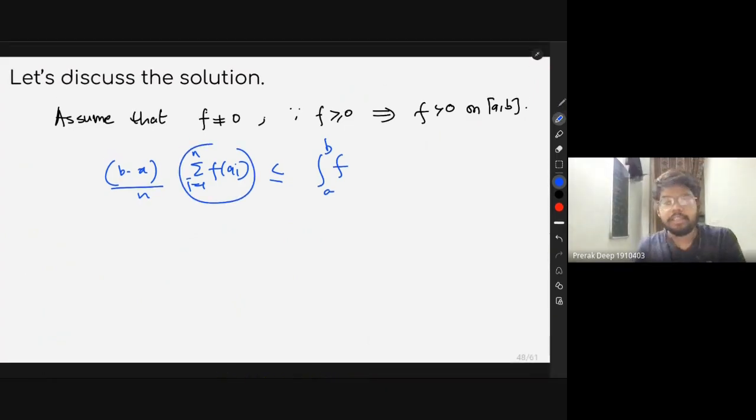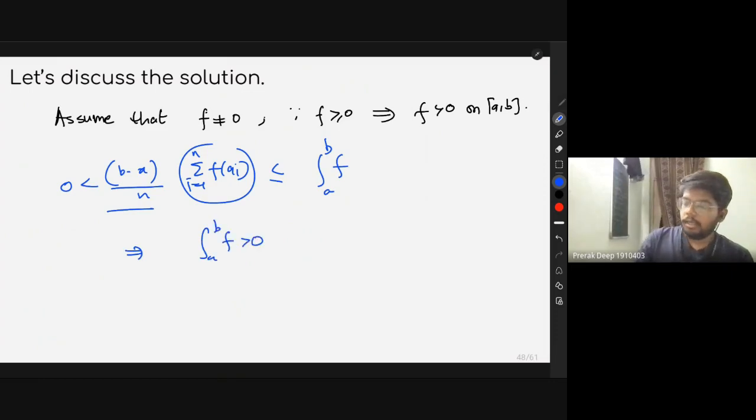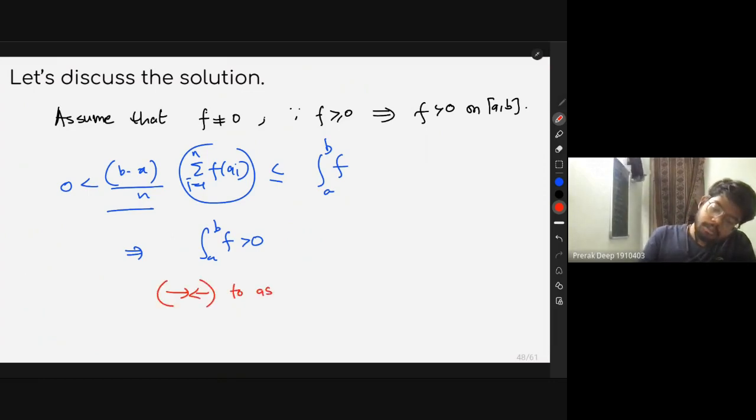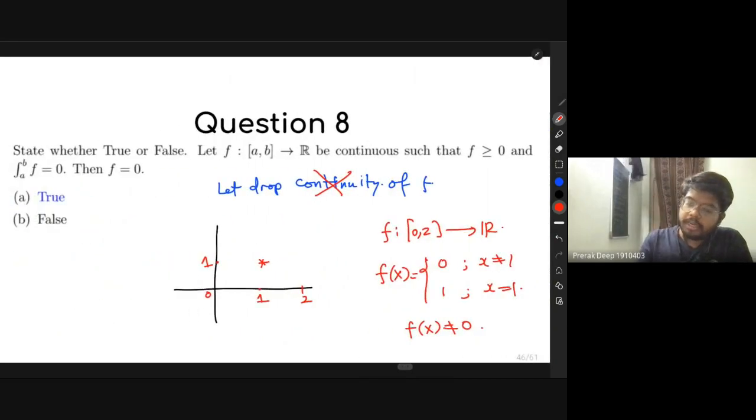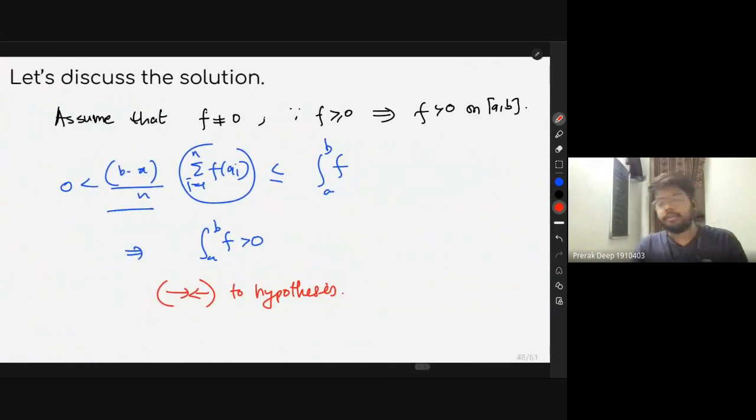Each term is positive, so this is strictly positive, which implies that the integral of f is positive, which is a contradiction to the hypothesis. In the hypothesis we assume that the integral is zero, but it is saying that it is going to be positive. So it is a contradiction.